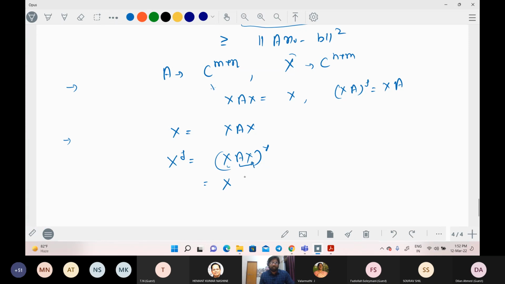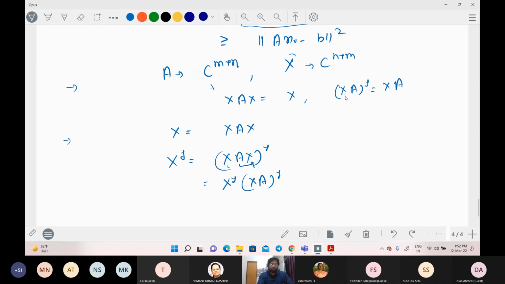Take it like a single matrix and use the property (AB)* = B*A*, which you might know. So this can be written as X* = X*(XA)*. First I wrote X as XAX by Penrose condition 2, then I took the conjugate transpose on both sides, and then I used the property of conjugate transpose.